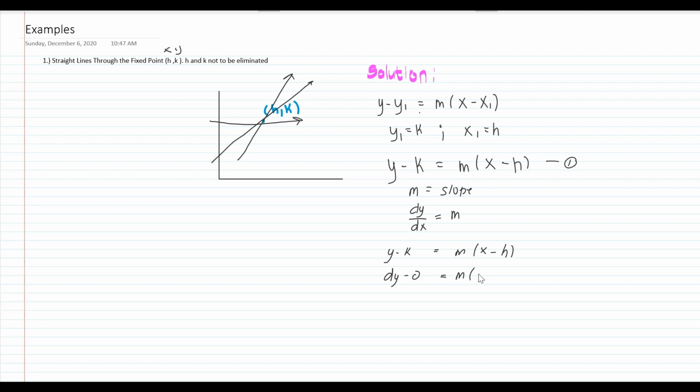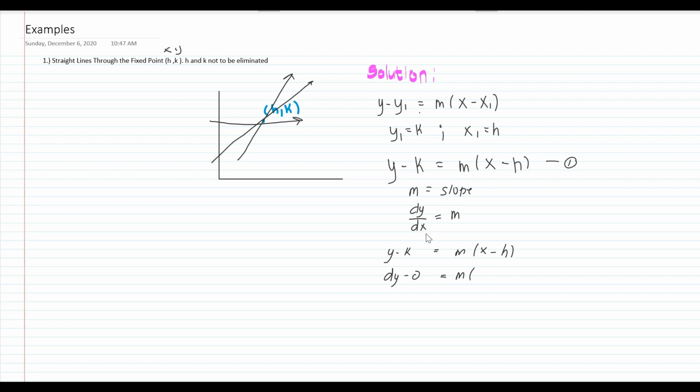So the derivative of y, when we apply differentiation, is dy, and for k, that will be equals to 0 because k is just a point in a Cartesian plane, therefore it has a numerical value or a constant. So the derivative of k will be equals to 0, and m is the slope that has a numerical value, but in this case, we define the slope as dy over dx.